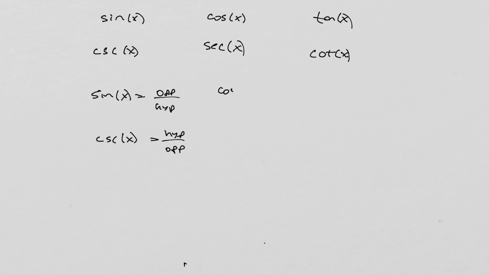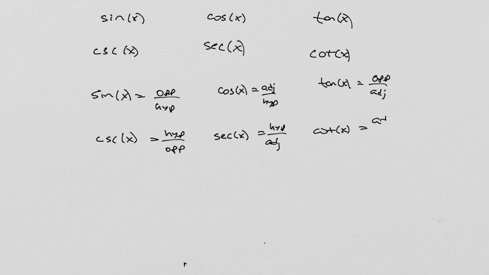If you remember, cosine of x is the adjacent over the hypotenuse, so secant of x is the hypotenuse over the adjacent. And tangent of x, we've already talked about being the opposite over the adjacent, and cotangent of x, if you flip that over, gives me the adjacent side over the opposite side.